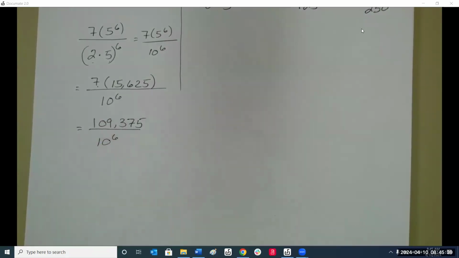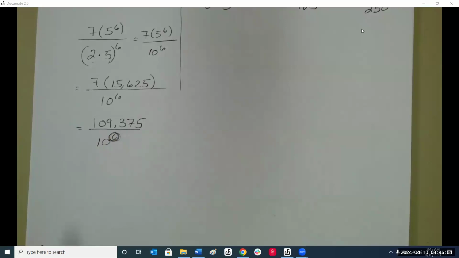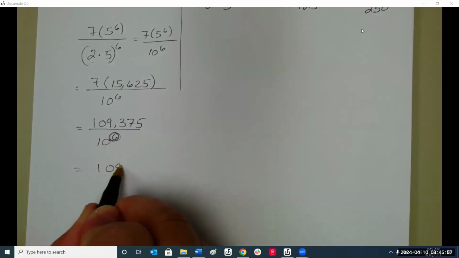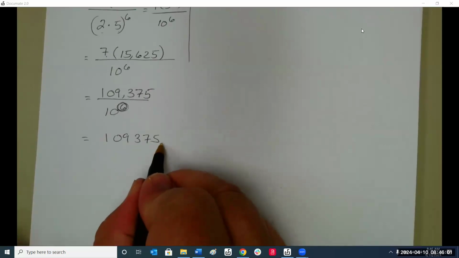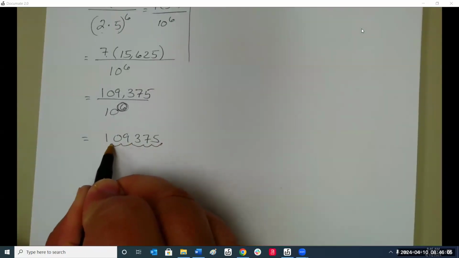So we're dividing by tens. When we divide by tens, which direction do we move a decimal? To the left. How many spaces? The exponent tells us how many zeros we have. So we have 109,375. The decimal's over here. 1, 2, 3, 4, 5, 6.